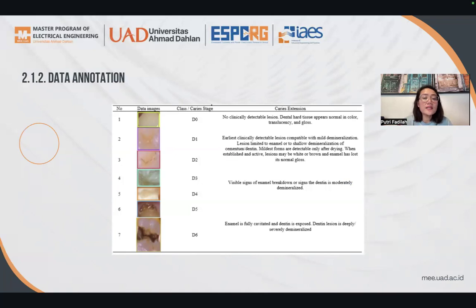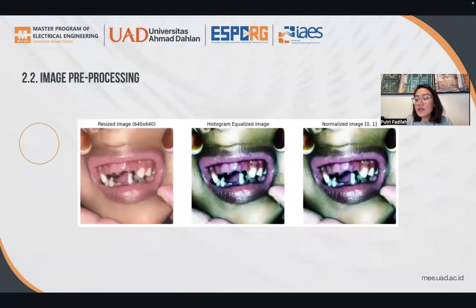D1 and D2 are early dental caries, D3 and D4 are visible signs of enamel breakdown, and D5 and D6 are fully cavitated lesions, with dentin exposed, especially in the D6 classification.